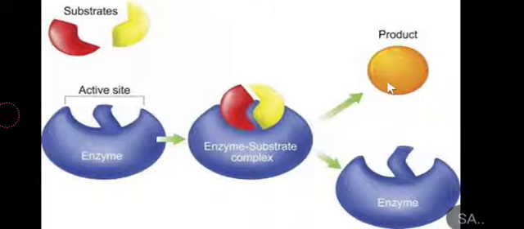Now the cofactor. The enzymes are proteins and they are flexible for their substrate to attach themselves, but there are certain cofactors that may also be required for the enzymes to show their activity, to perform their action. So cofactors are like the assistants for these enzymes.